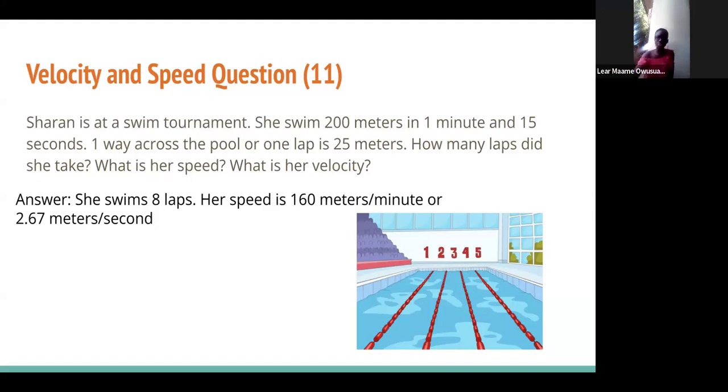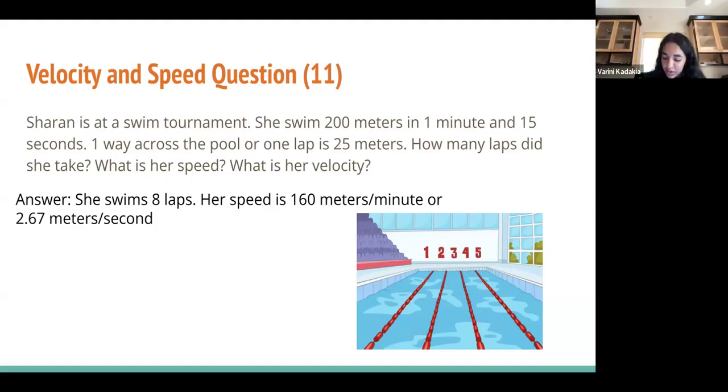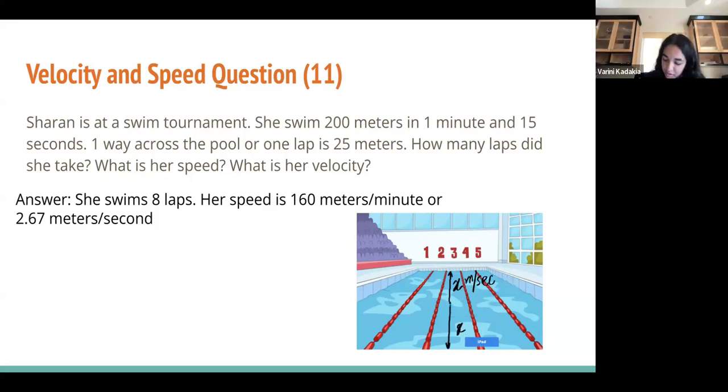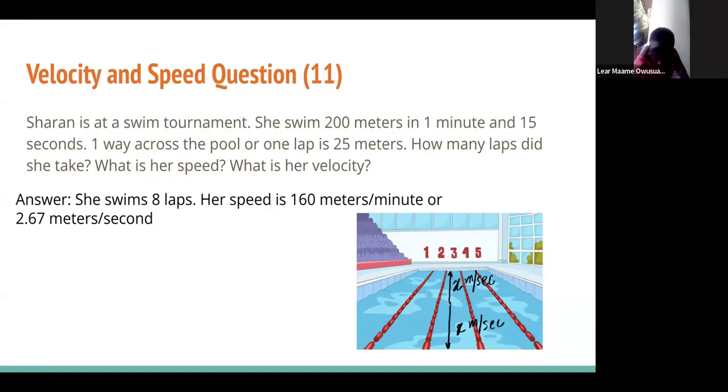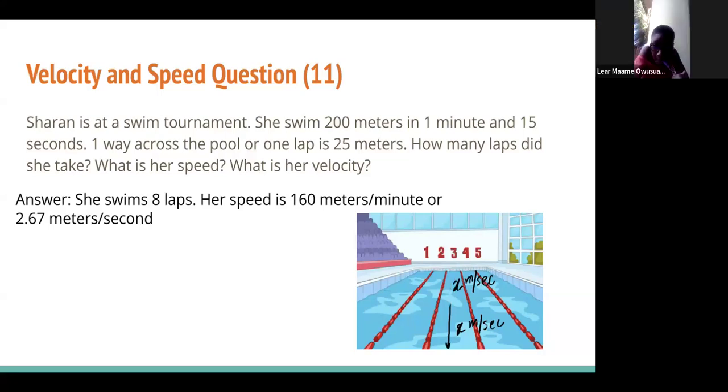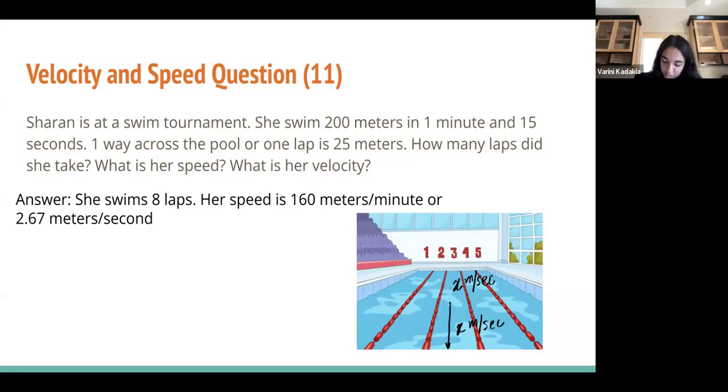Basically what I'm saying is that she's going this way at x meters per second, and she's also going this way at x meters per second, because she goes back and forth in the pool. That's how you swim, basically. So let's say one direction is our positive direction.